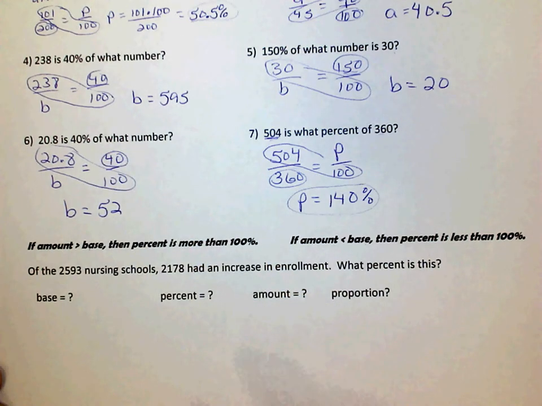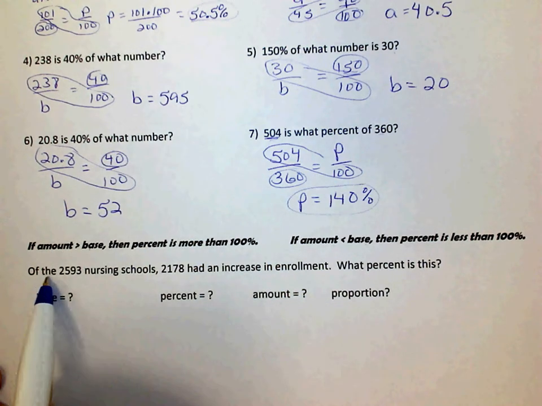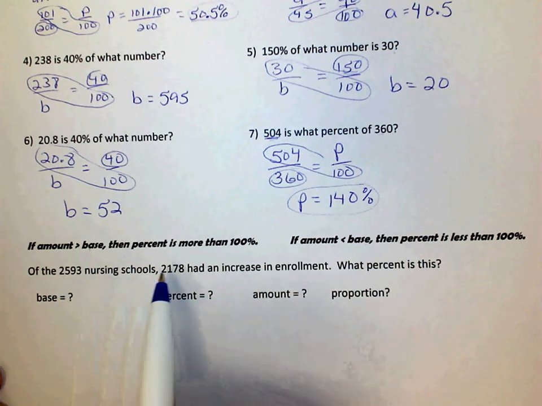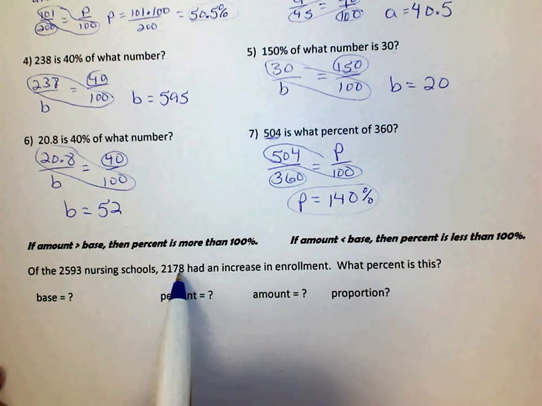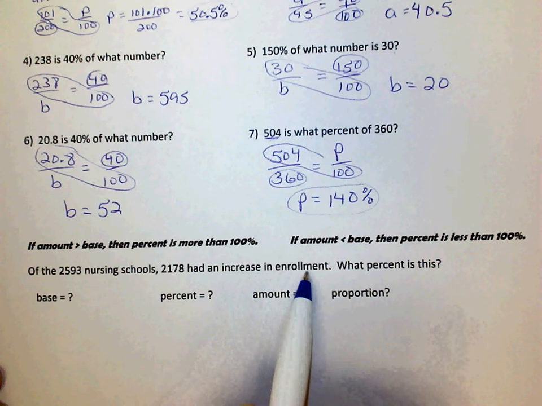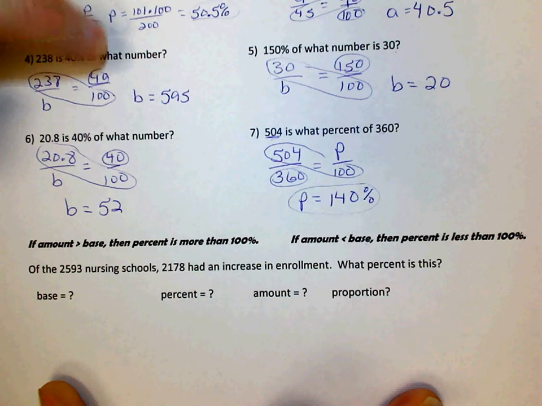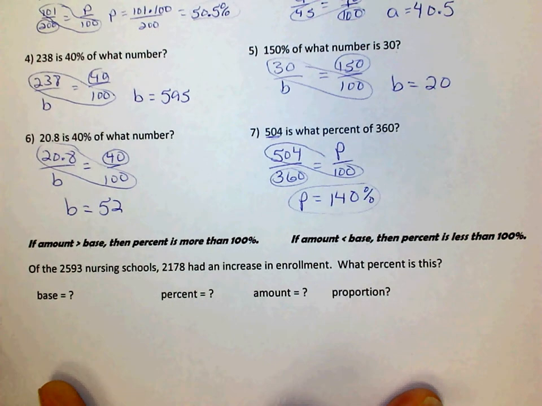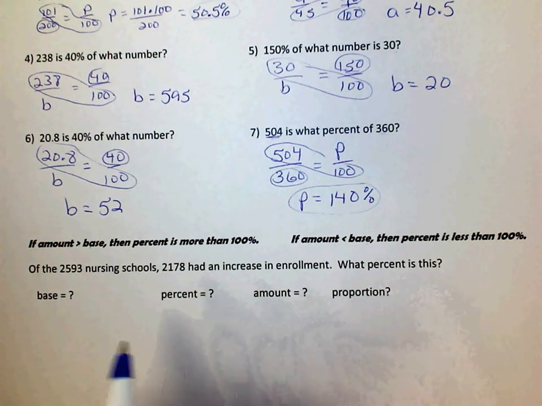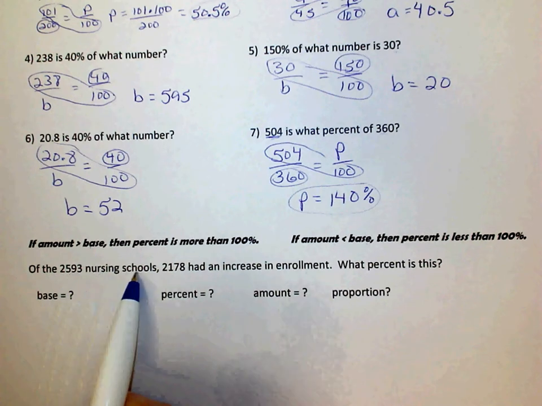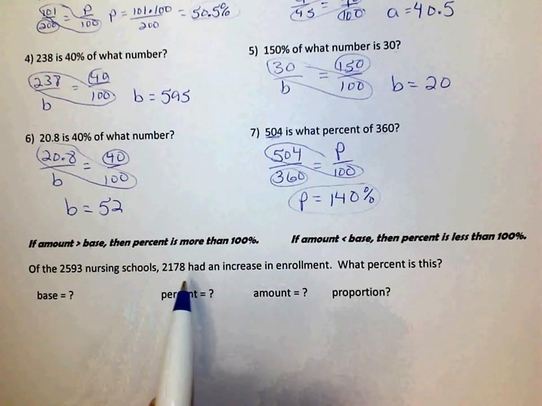Now, of the 2,593 nursing schools, 2178 had an increase in enrollment. What percent is this? Well, now it's not set up exactly like these word problems. Now we have to figure it out. Of this many nursing schools, so that's the beginning, this many had an increase in enrollment.